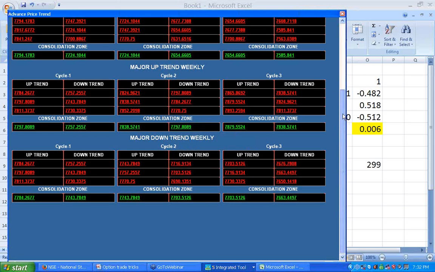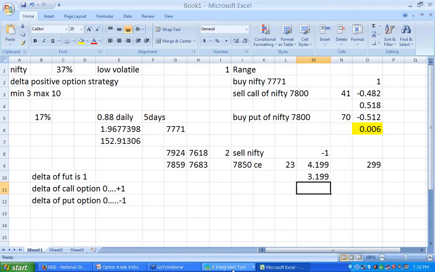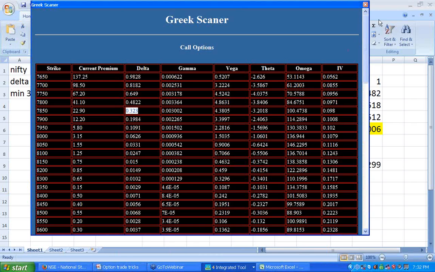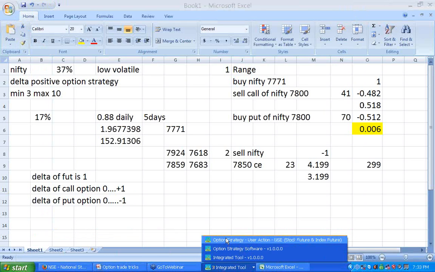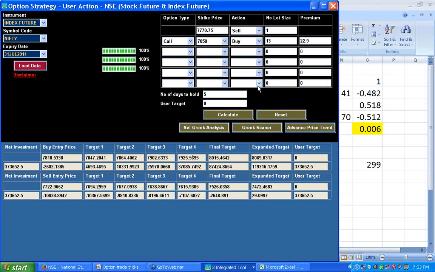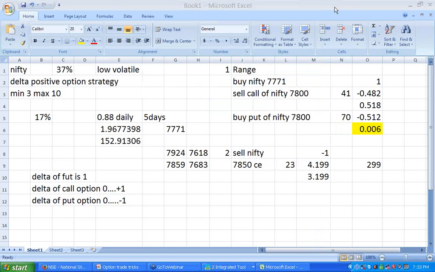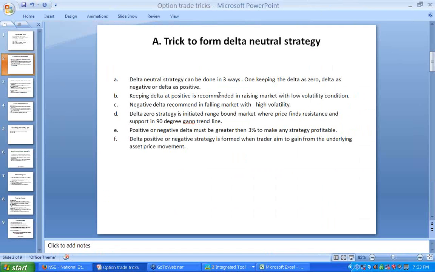So in this software we have given this feature, and you can have a Greek scanner, what you have seen. Any kind of strategy you can form in this. If you do not have a software, also form the strategy using these very simple to understand tools.